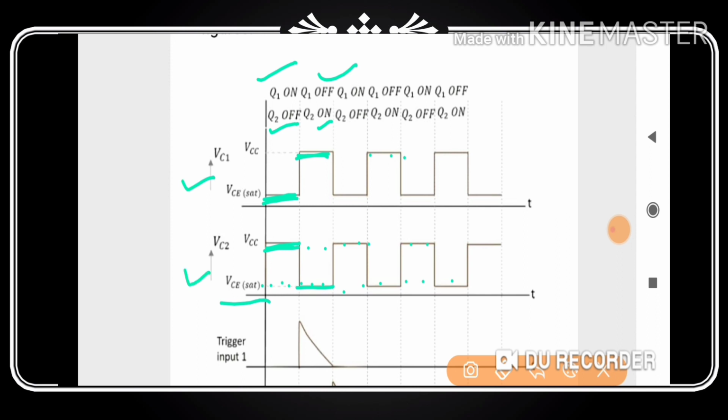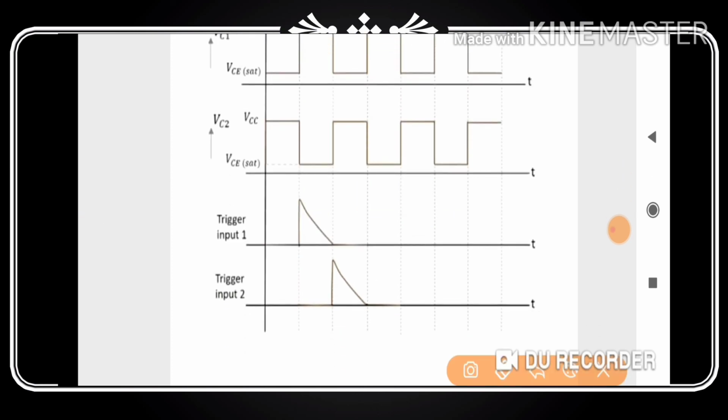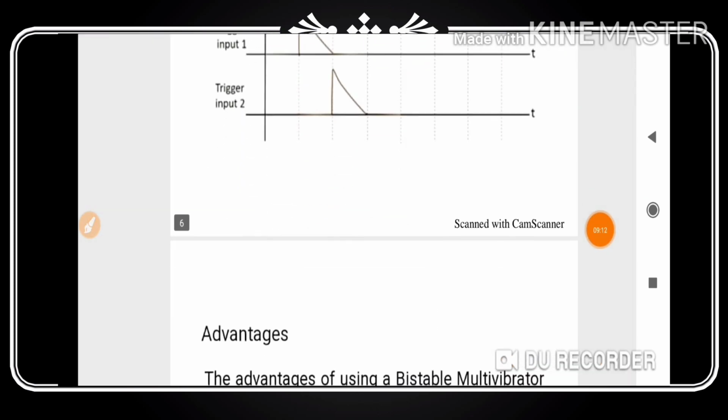Like that, a square wave of two stable states is formed. If another trigger pulse is given, the next wave is formed. Like that, the cycle repeats when trigger pulses are given to the circuit. These are the output waveforms.